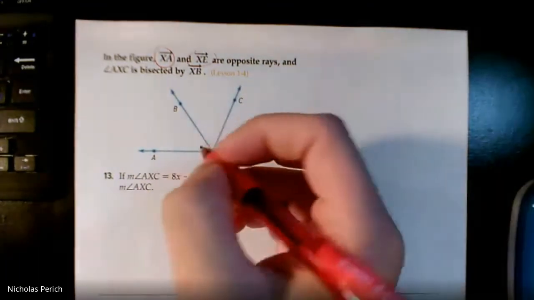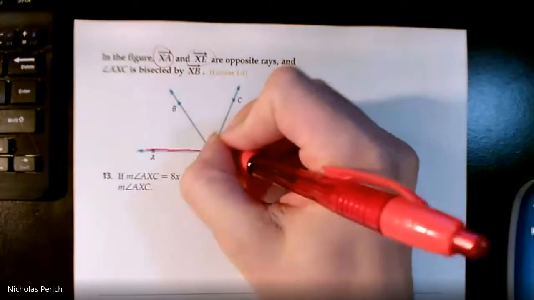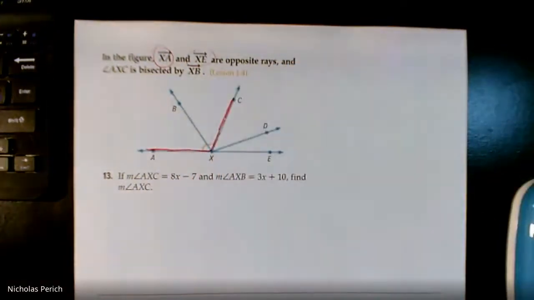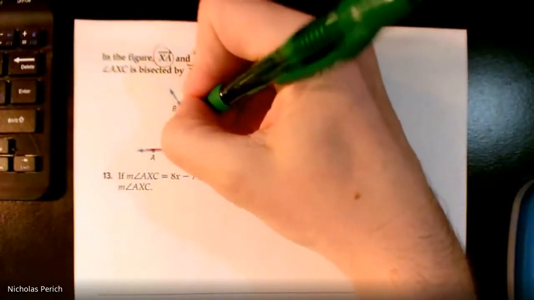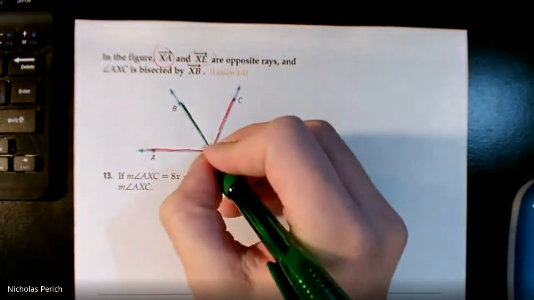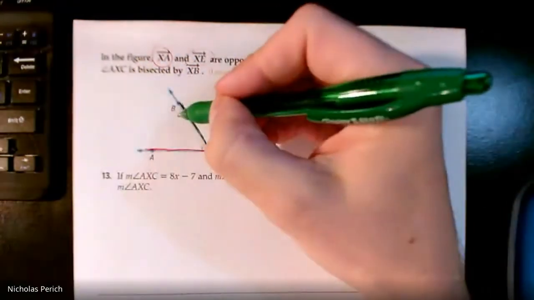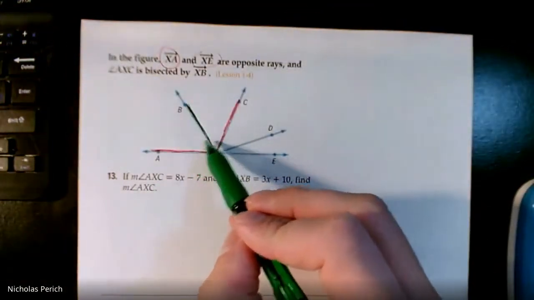AXC, so this angle right here, is bisected by XB. What that means, and you can see the little marks there barely, is this ray cuts this into 2 equal parts.